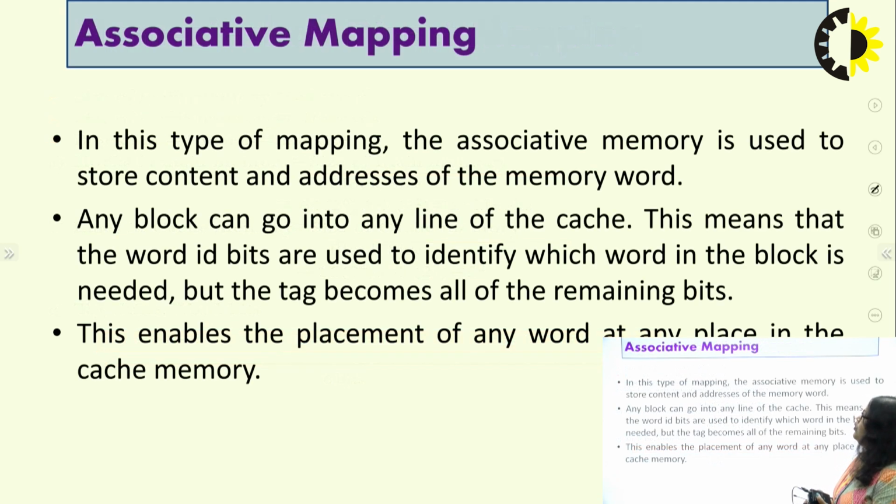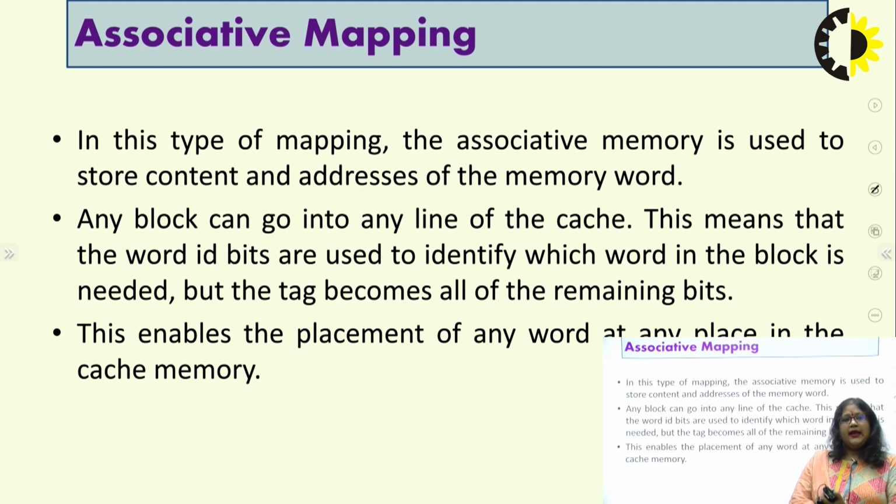Now we have to move on to the associative mapping. We want to resolve the problem of the direct mapping. So we have to move on to 2 types of mapping techniques, that is associative and set associative. In this type of mapping, the associative memory is used to store the content and address of the memory word.